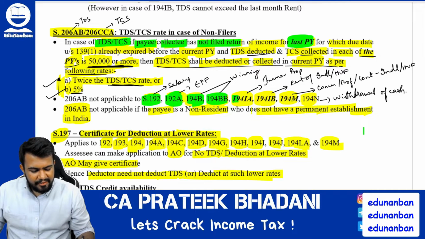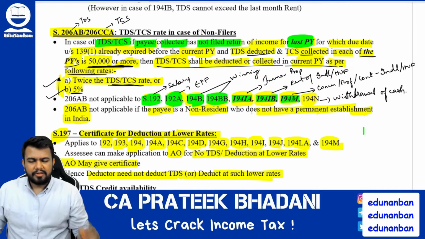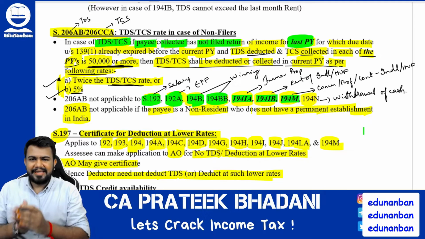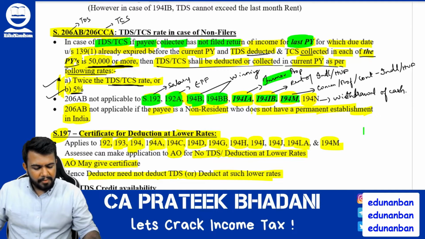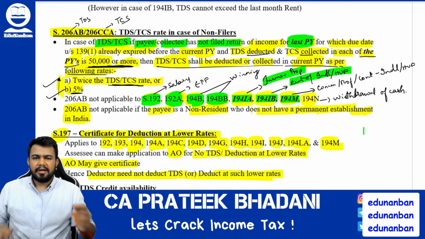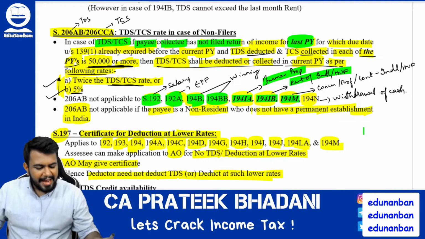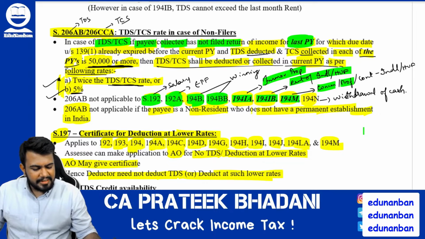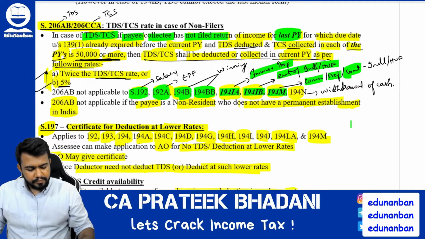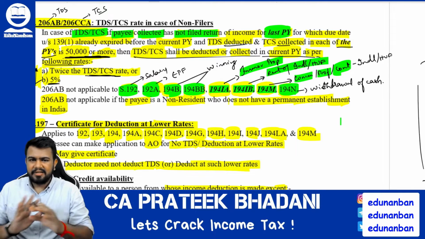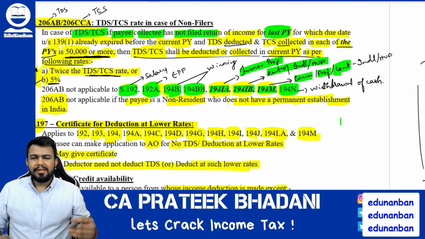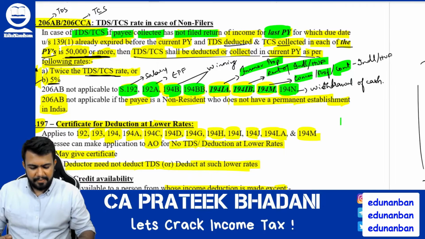Then 194IA, IB and M, which relate to immovable property, rent, which is the special section for rent, and the special section for commission, professional fees and contract. And then also cash withdrawals. So for all these sections, this section will not apply. For all the remaining TDS sections, this section will apply.